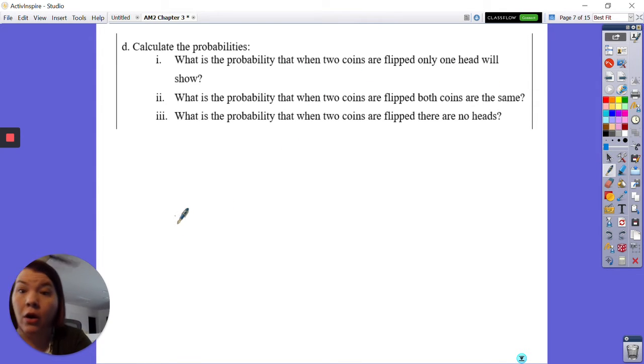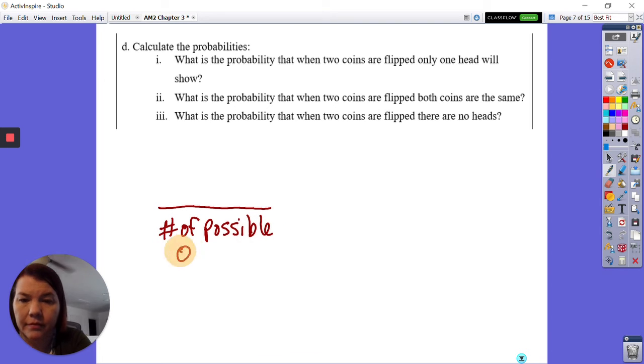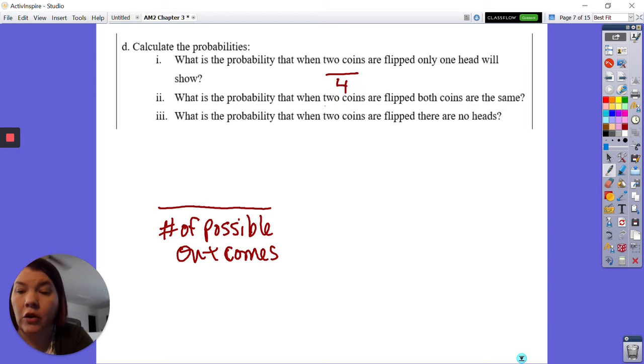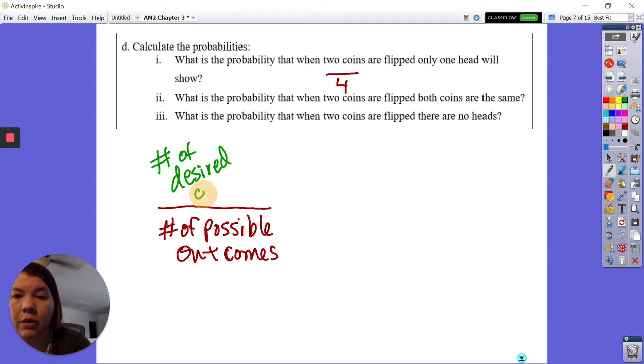So I have a total of four choices. Probability is always written with the number of possible outcomes on the bottom. In this case, 4. There are 4 choices of things that can happen when I flip two coins. And then the numerator is the number of outcomes I want, the number of desired outcomes.